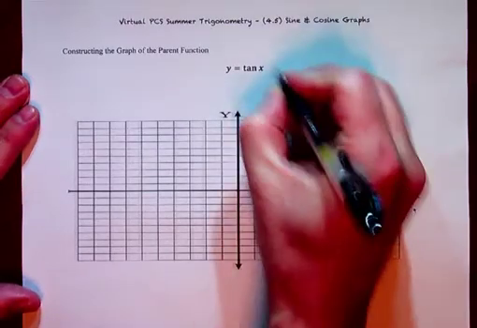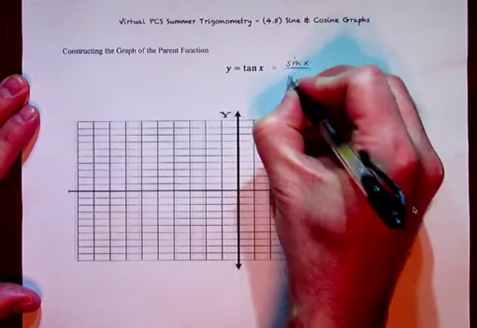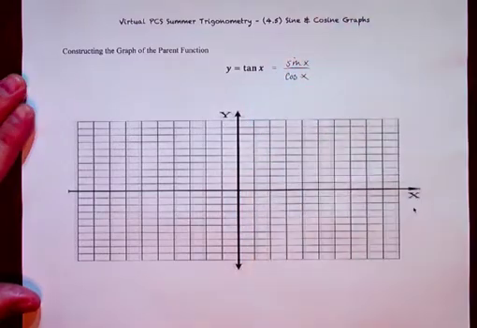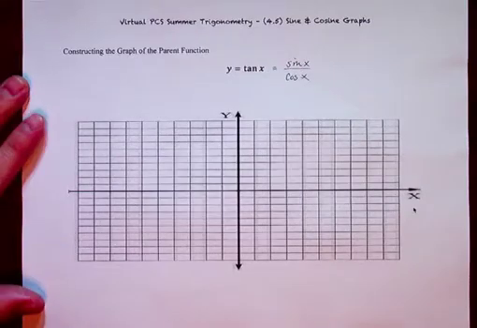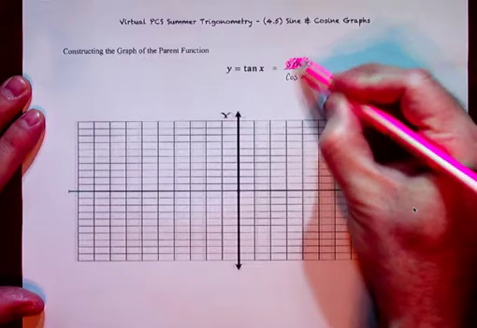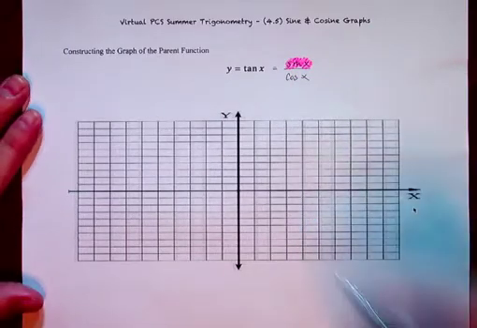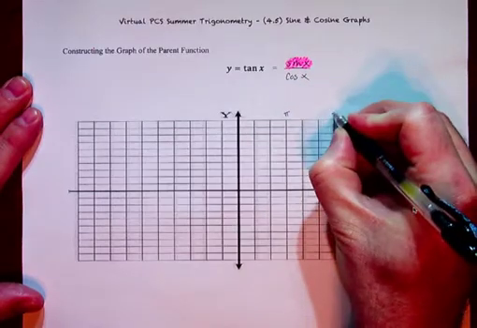Okay, tangent, if we remember, is sine over cosine. Since it has something to do with the quotient between these two, let's go ahead and graph both of these.